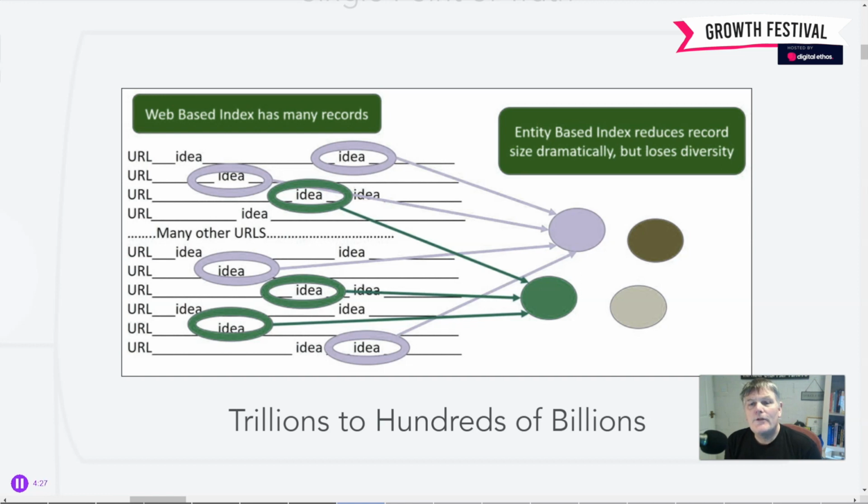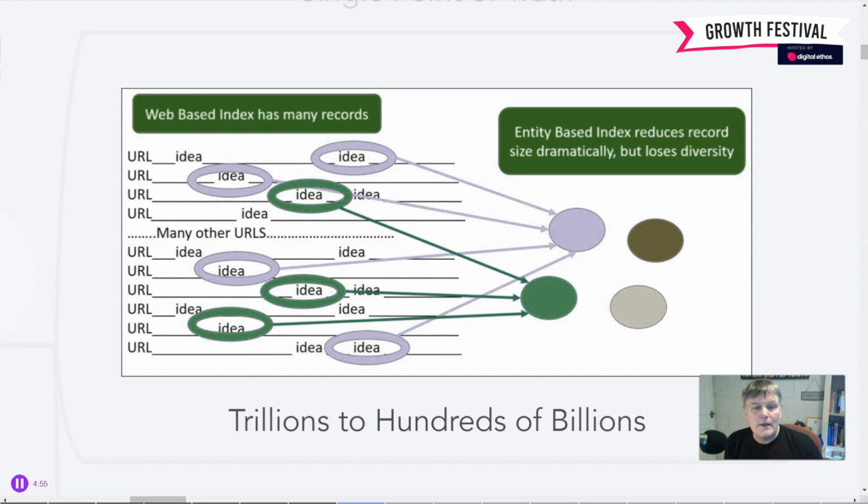The problem is that if Google stores every single URL and tries to index all of those URLs and do an information retrieval system based on those, then there's many different ideas inside each URL. Whereas if you plot all those ideas or topics into separate units within a database, then an entity-based index reduces the record size dramatically.